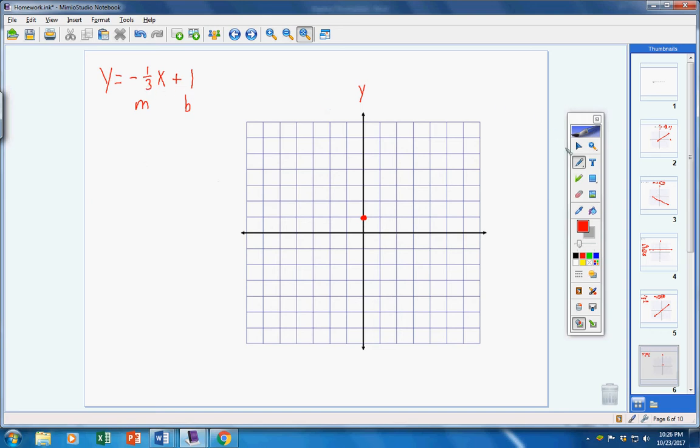Now, I don't care where you put your negative sign. I'm going to put it in the denominator. Here we go. I'm going to rise a positive 1, and I'm going to run a negative 3. And there we go. There's my other point, just like that, okay? And there's my line. Alright?